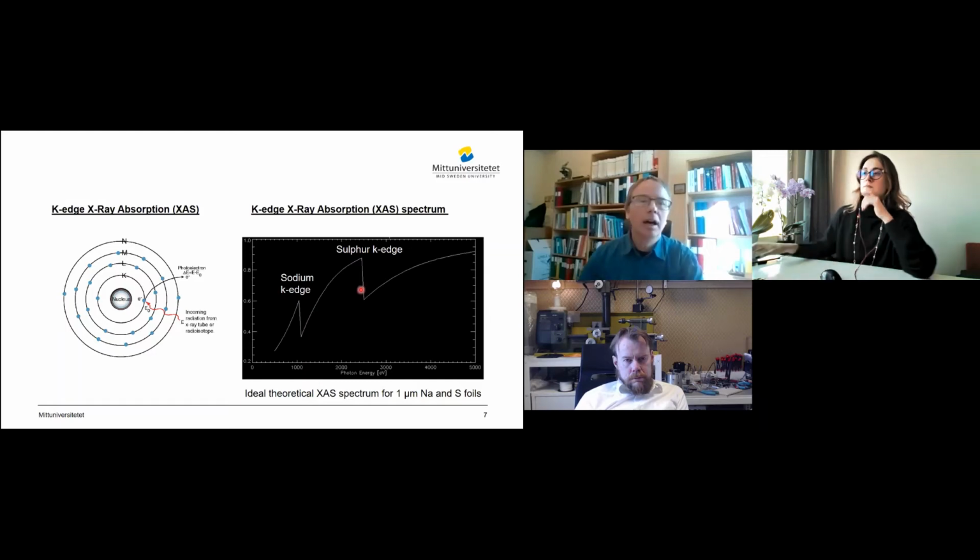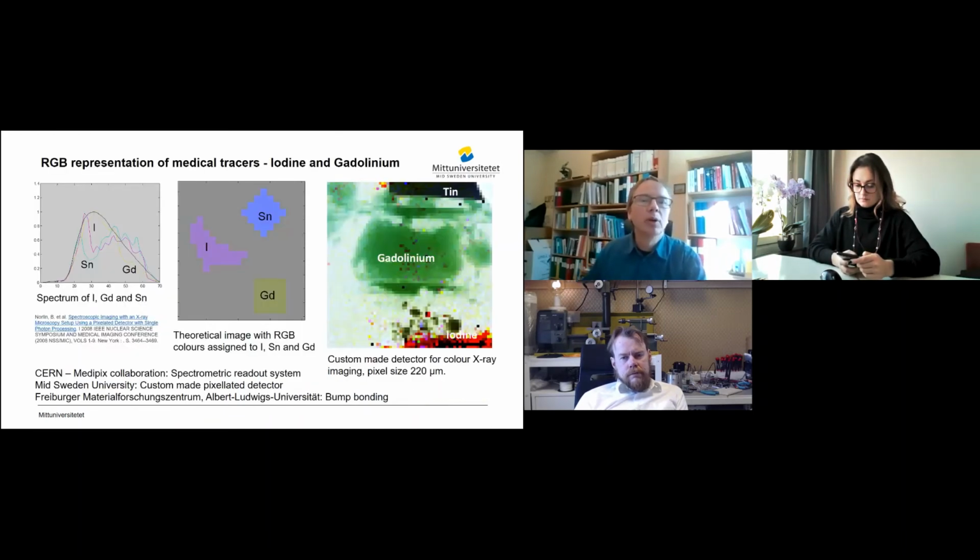I studied this for a few samples some time ago. This previous spectrum was ideal. If we have an X-ray source, it's not a white spectrum, so it will not be ideal in a similar way, but we will get different shifts. Here I had a sample where I looked at some medical tracers.